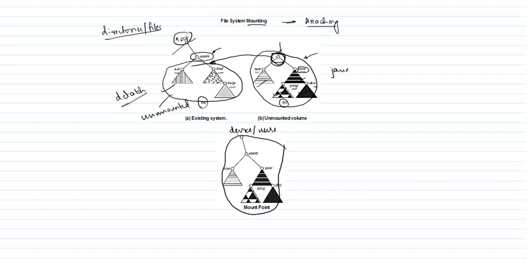And this point where you are attaching the new directory structure to an existing directory structure is called the mount point. That means from this point you are attaching a group of directories and file system, so that it becomes much more easier for the users to access.